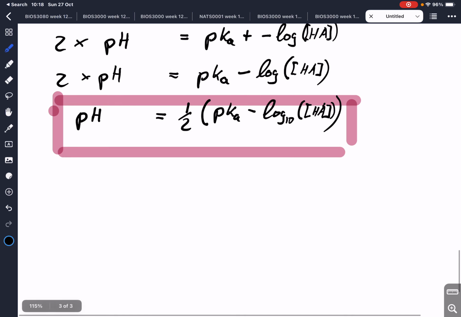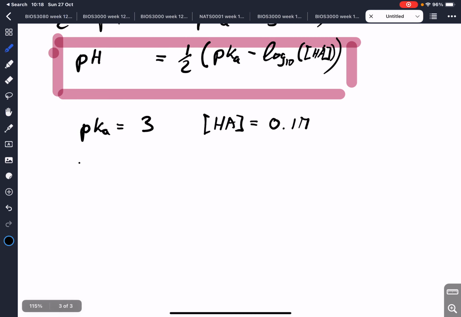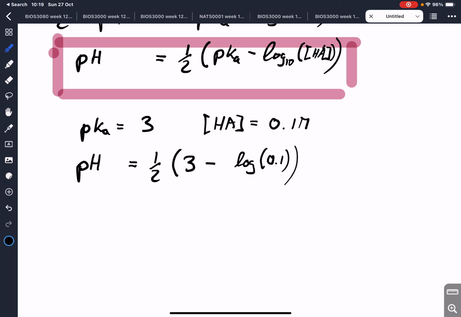So for example, if we have a pKa equals, say, 3, and we have a concentration of the weak acid equals 0.1 molar, we can calculate the pH. pH equals half of the pKa, 3, minus the log of the acid concentration, 0.1, and it needs to be in molar.